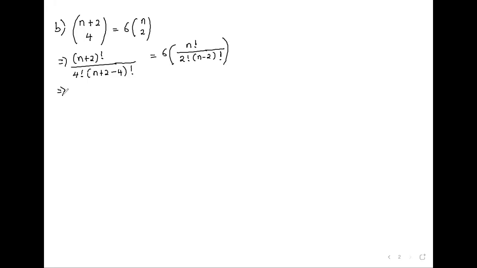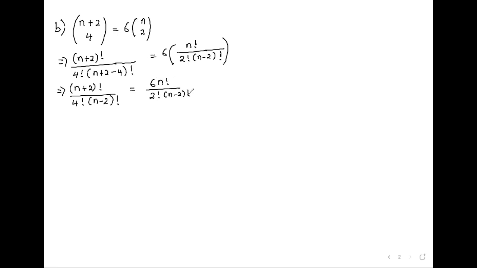Then what next? We have n plus 2 factorial on top there over 4 factorial, and then inside here we get n plus 2 minus 4, that is n minus 2 factorial. So that we get 6 n factorial over 2 factorial n minus 2 factorial.